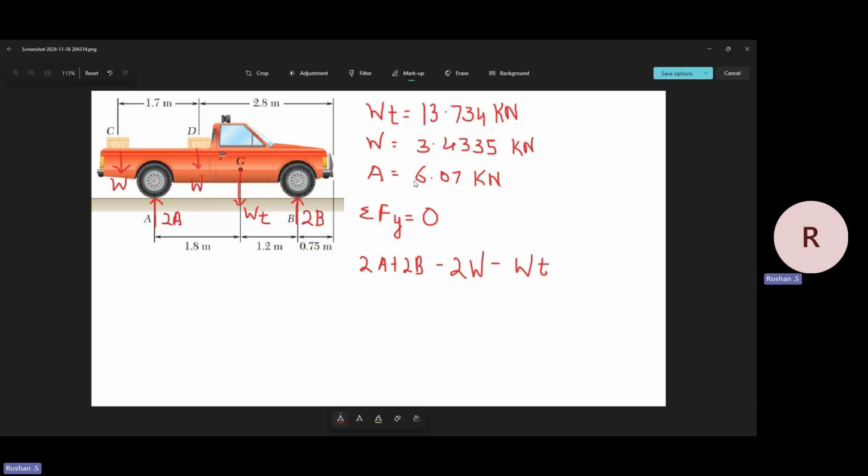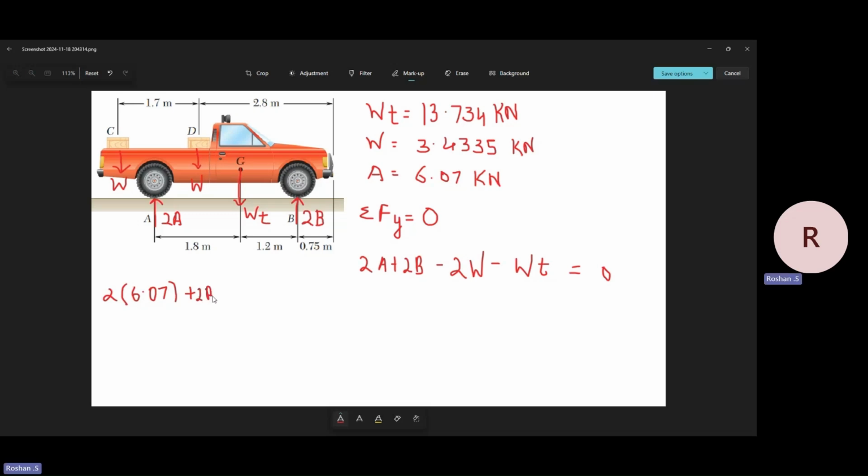As we previously know, the value of A is 6.07 kilonewton. Now we are computing the value by equating this to 0. So 2 into 6.07 plus 2B.